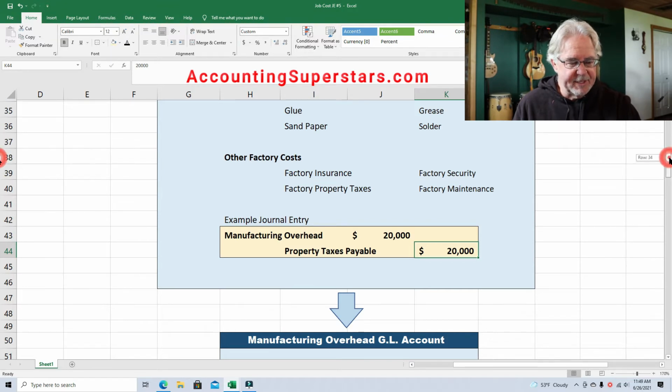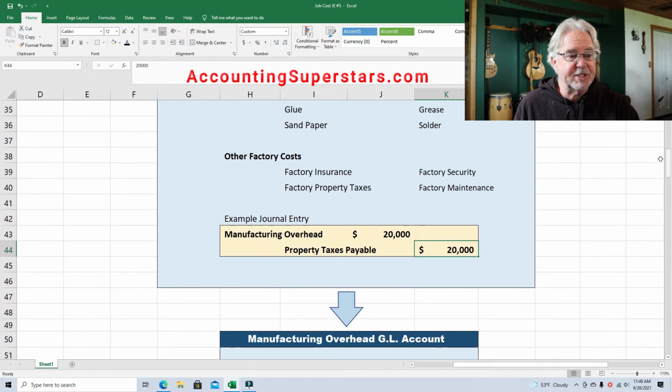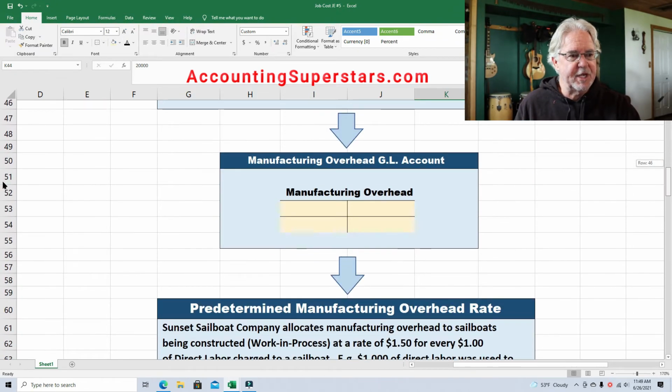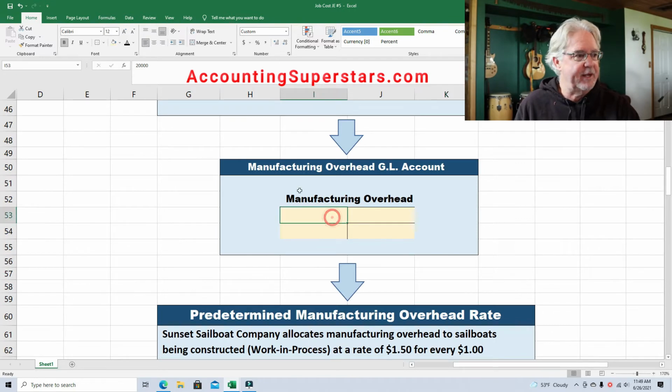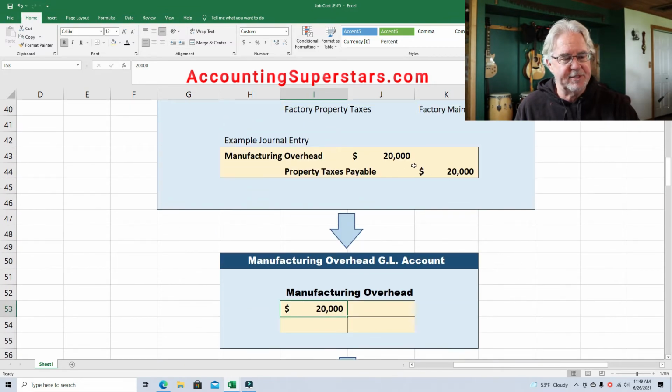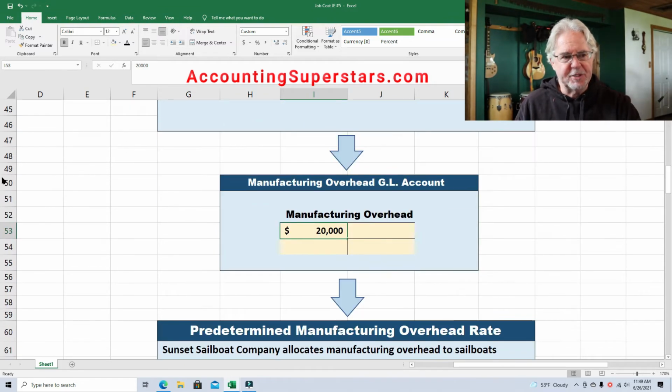Now, this manufacturing overhead is just a holding account. It's not a permanent account, but there is a general ledger account called manufacturing overhead, and it's being debited for $20,000 in this case because that's what the journal entry says right up here. So what's going on with this manufacturing overhead account is that we debit it for actual overhead, the overhead that's really happening.